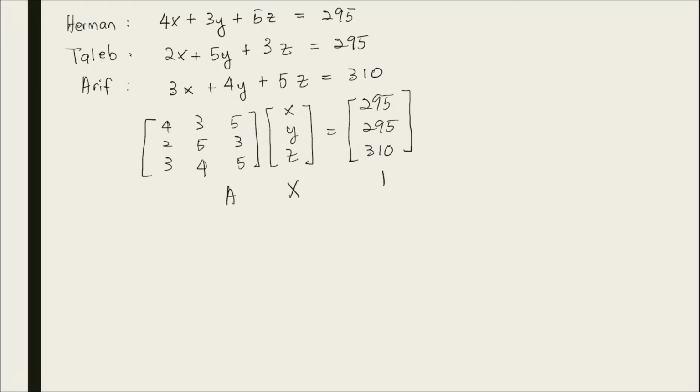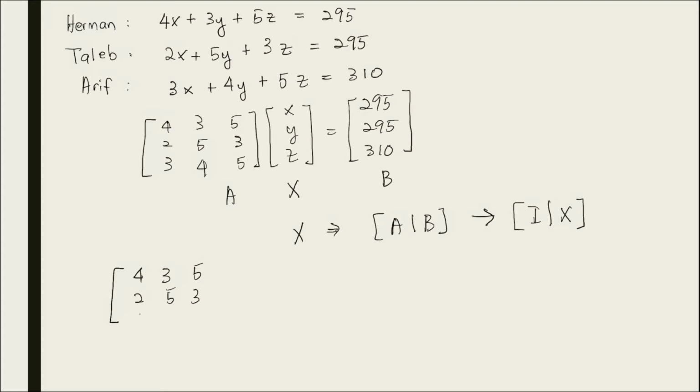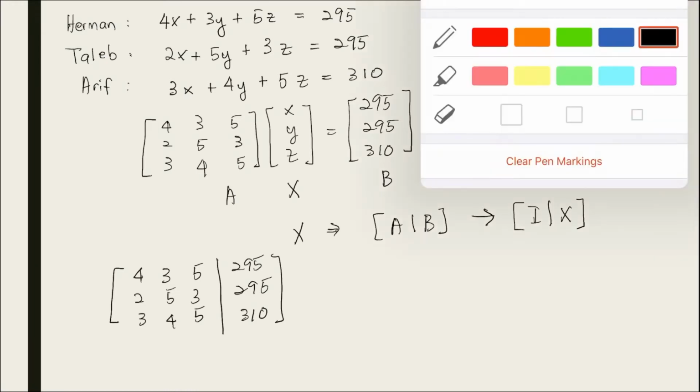Let's say this is A, this is X and this is B. To get X, we use the augmented matrix A, B, and in the final answer, this will be the identity and X. So continue: 4, 3, 5, 2, 5, 3, 3, 4, 5, with 295, 295, 310.